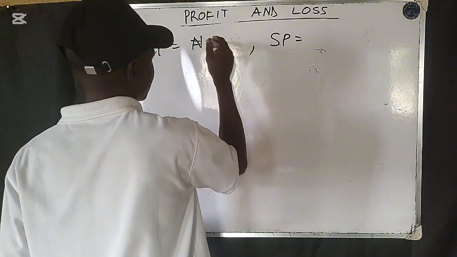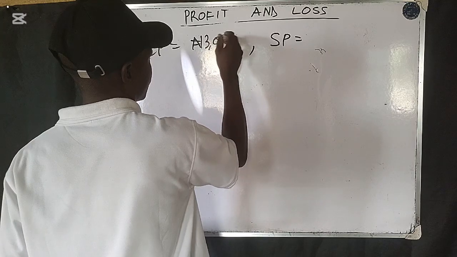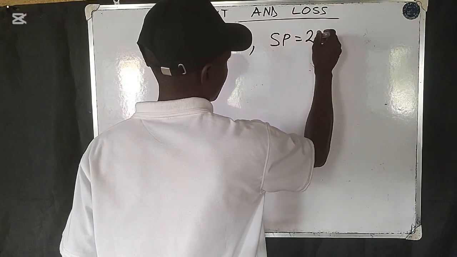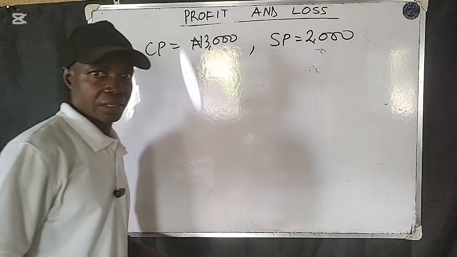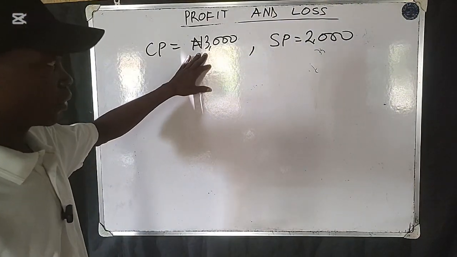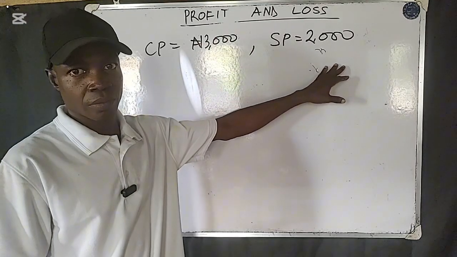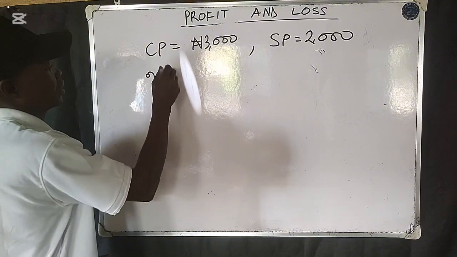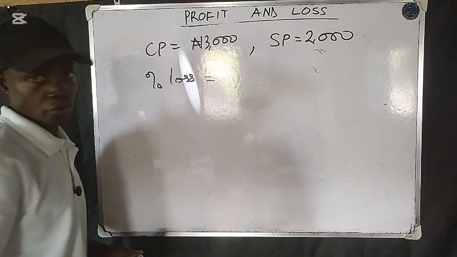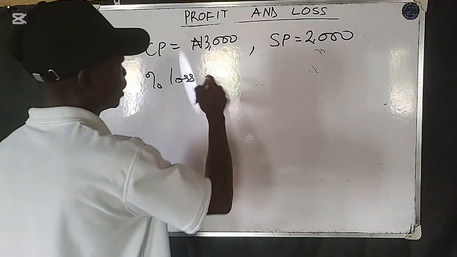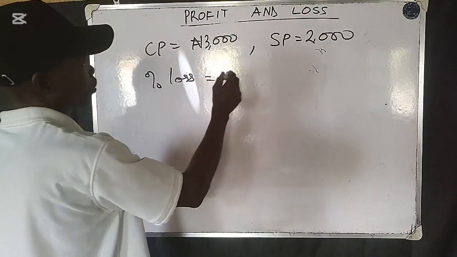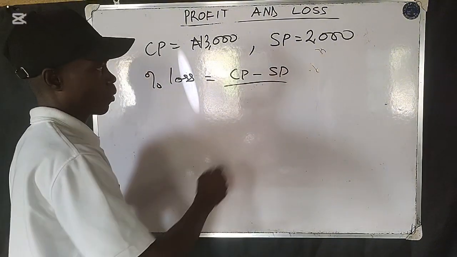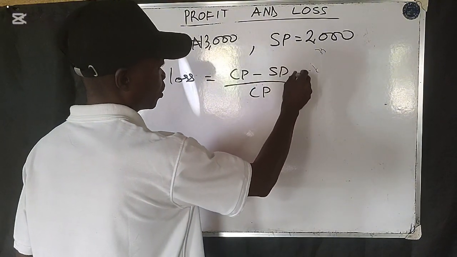Let's say this time around, the cost price is 3,000 while the selling price is 2,000. So you are told to calculate percentage loss, right? So all you just do is to say this time around CP will be higher, right? So it will be CP minus SP over CP times 100.